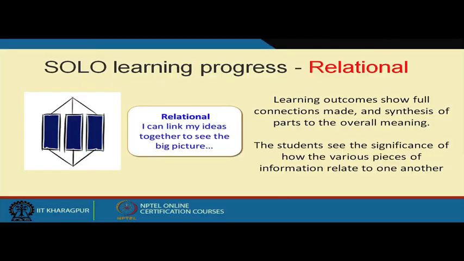So, learning outcomes show full connection made and synthesis of the parts of the overall meaning. So, the students see the significance of how various pieces of information are related to one another. So, this level is higher than the multistructural level.